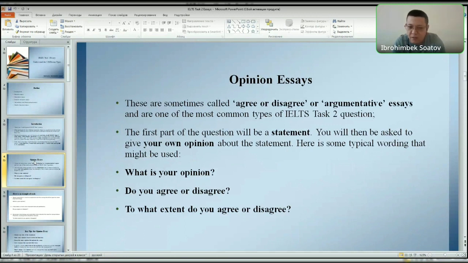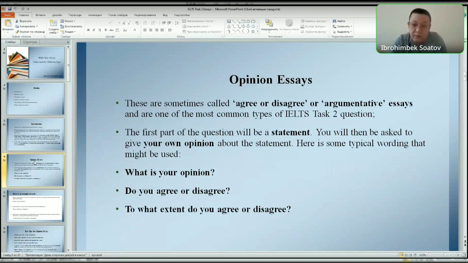In some references, the opinion essay is also called the agree-disagree essay or argumentative essay. But originally in academic writing, it is called the opinion essay. As usual, the first part of the question will be a statement, and then you will be asked to give your opinion about the statement.